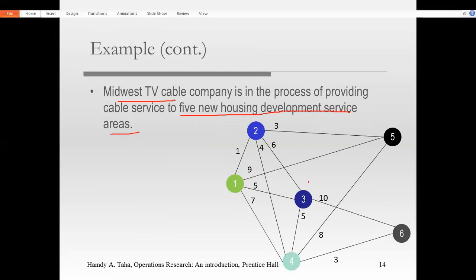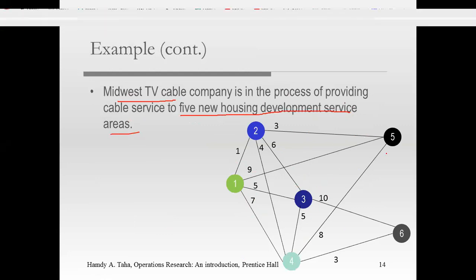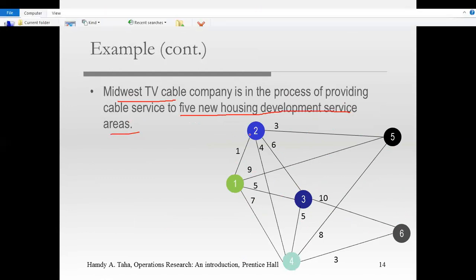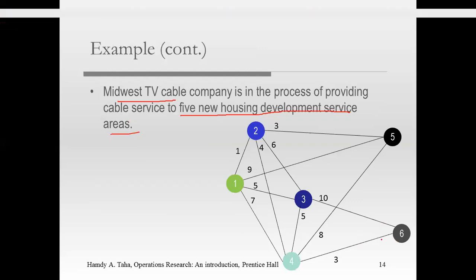You see all connected. But from 5 we cannot go to 6 directly. Also from 2 cannot go to 6 directly. From 1 cannot go to 6 directly. And then the value on the branch refers to the distance. For example, from 1 to 2, the distance is 1. From 2 to 5, the distance is 3.